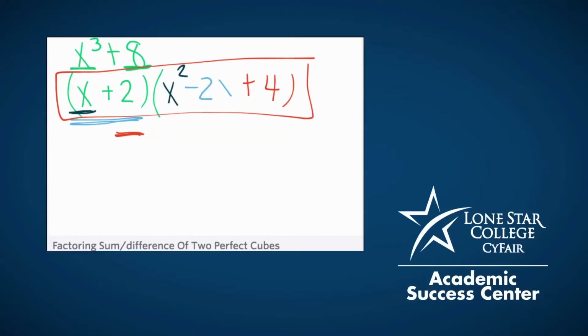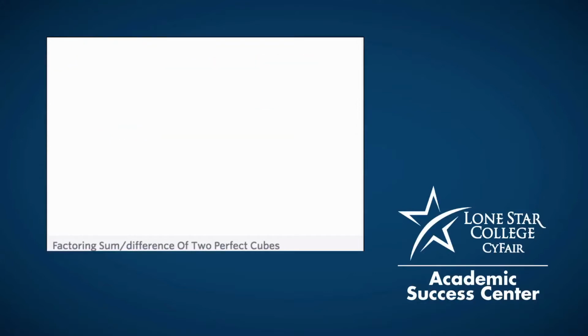Let's look at another one. 8x cubed minus 27. Again, we need to see what 8x cubed is the perfect cube of. Well, 8 is the cube of 2, x cubed is the cube of x, minus 27 is the perfect cube of 3.